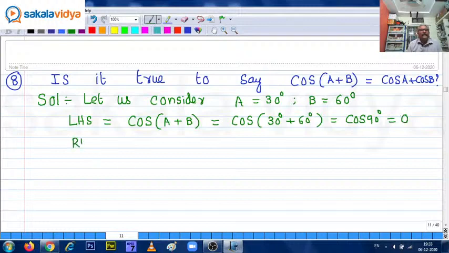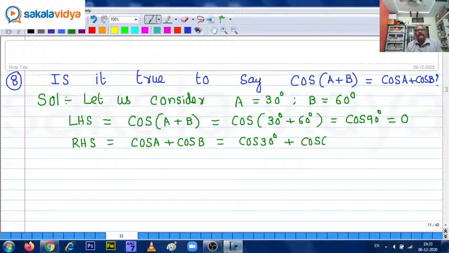So now the right hand side, RHS, cos a plus cos b. Cos a plus cos b means cos 30 plus cos 60. Cos 30 is root 3 upon 2, cos 60 is 1 upon 2. This will be root 3 plus 1 by 2. Root 3 plus 1 by 2 will never be 0. So LHS does not equal RHS.